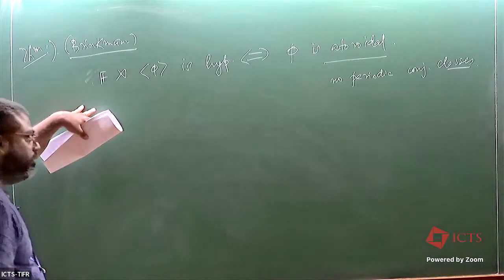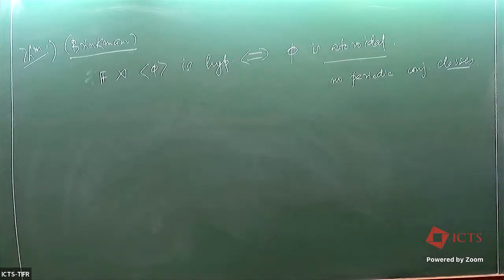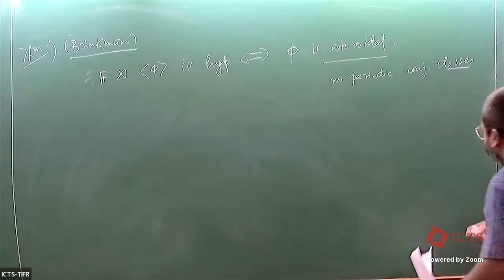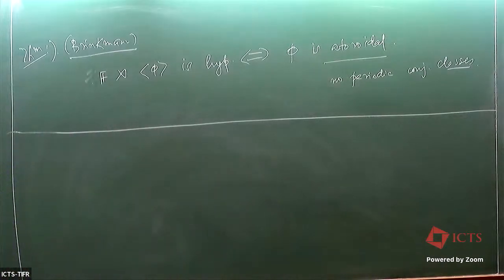So what condition do we put on phi so that this extension group is relatively hyperbolic? So the goal here is to understand that.